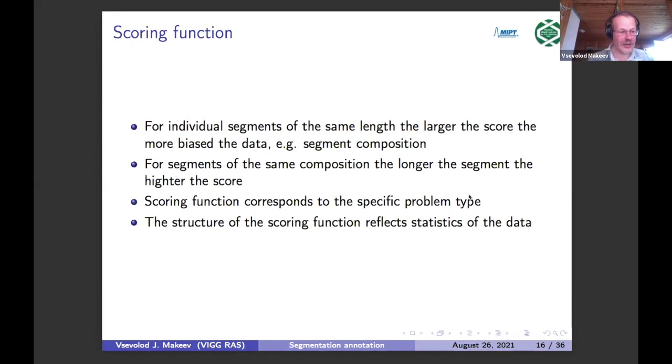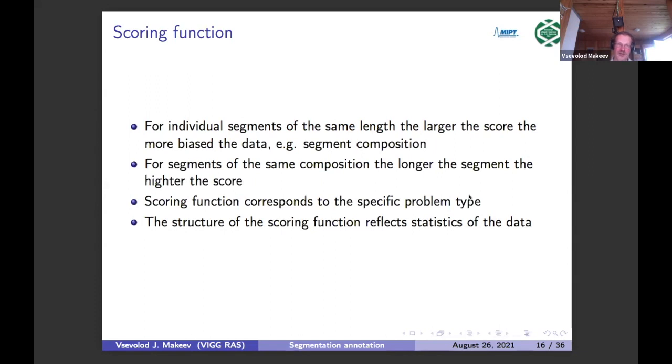Now a little bit about the scoring functions. Usually the scoring function corresponds to the specific problem type. And each statistical model of the segment requires finding the appropriate scoring function. So it must be some kind of extremal.